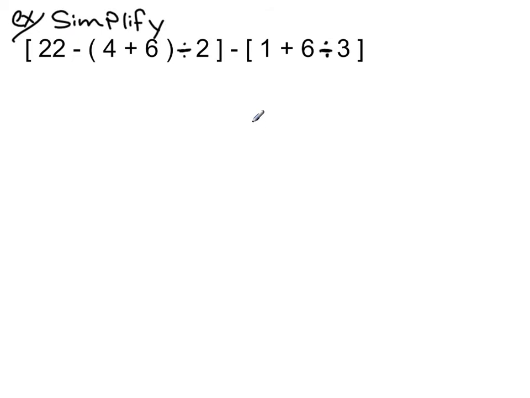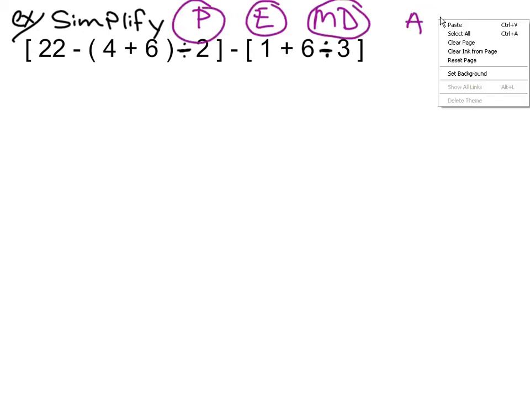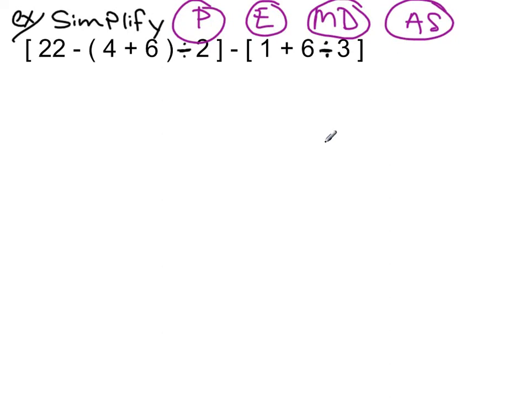It looks like addition and subtraction too. So I'm going to write a note to myself. I have parentheses, exponents, if there are any, multiplication and division are done at once, and then addition and subtraction for the end. So let's start off with parentheses.